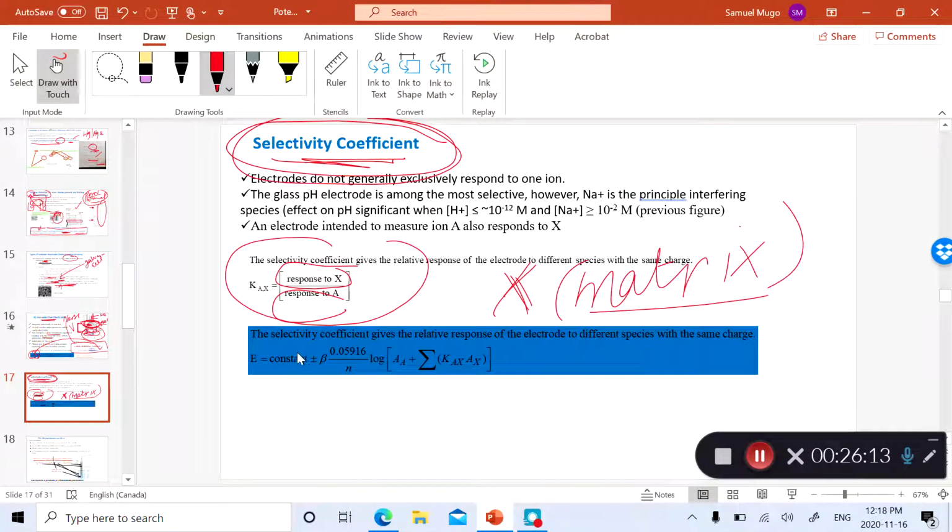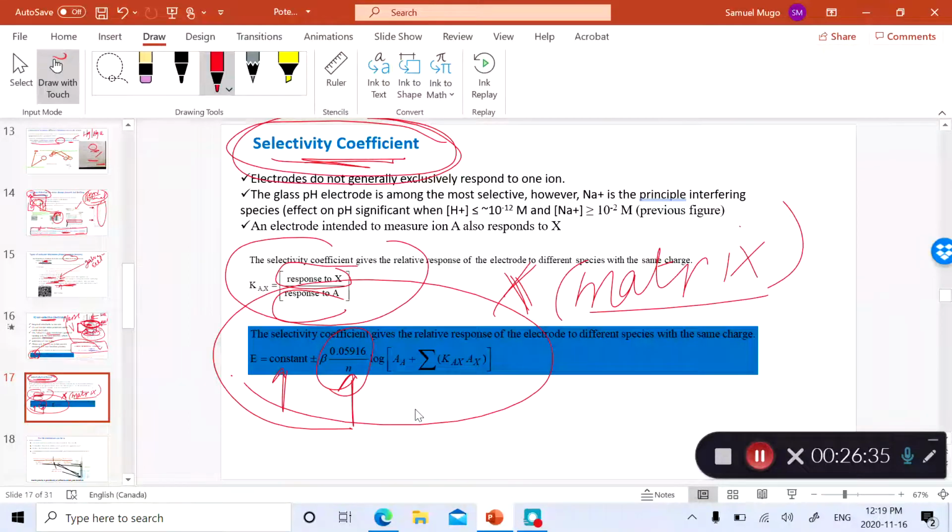And so that's why in the Nernst equation, ideally we would often represent it as such. The E of the cell is equal to the constant related to the electrophoretic mobilities of the ions taking place, and then you've got that constant, where n is the number of electrons being transferred.